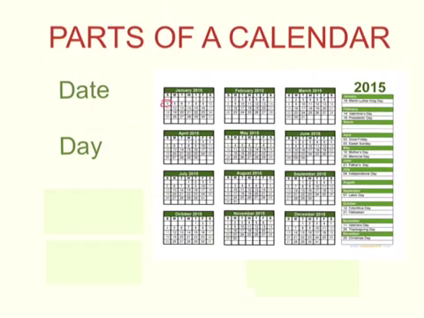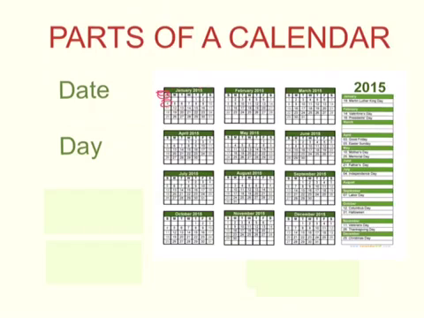Okay, let's take a look again. The day. Now this is a little bit different on a yearly calendar. They just use the first letter of the day because they can't fit in the whole word. So what do you think this S might stand for? It's before an M. Would it be Saturday or Sunday? You're right, it's Sunday. So Sunday, Monday, Tuesday, Wednesday, Thursday, Friday, Saturday.